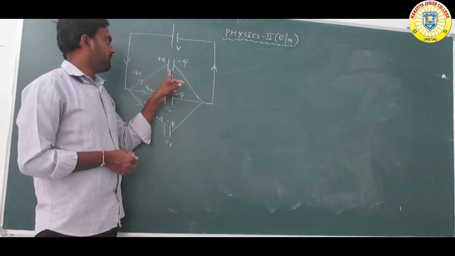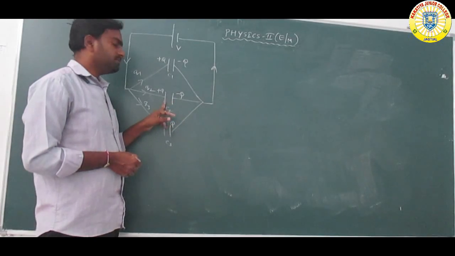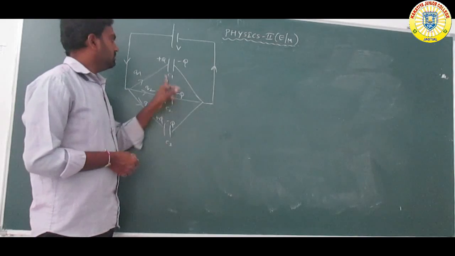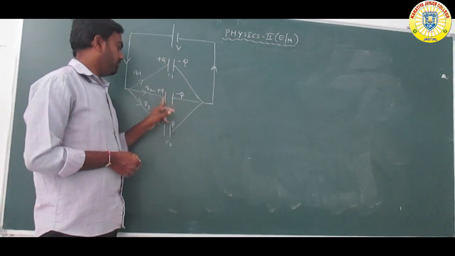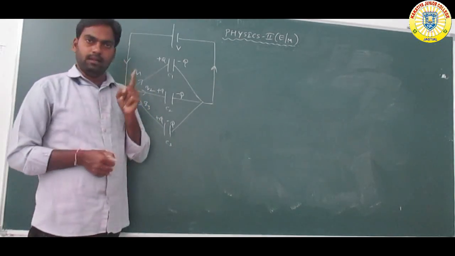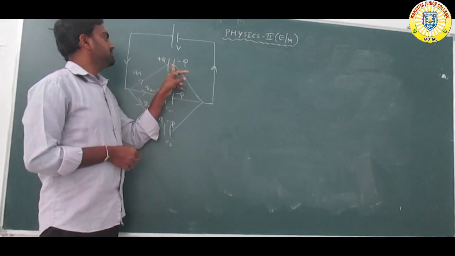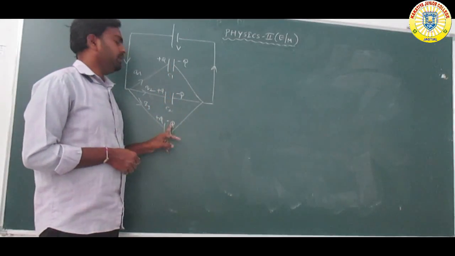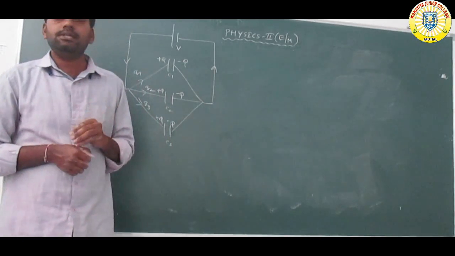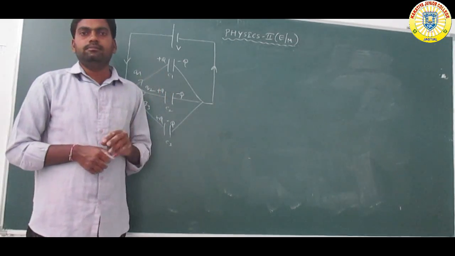The first plate of the first capacitor, the first plate of the second capacitor and the first plate of the third capacitor are connected to a single terminal. Okay, got it? And the second plate of each capacitor is connected to the other terminal.